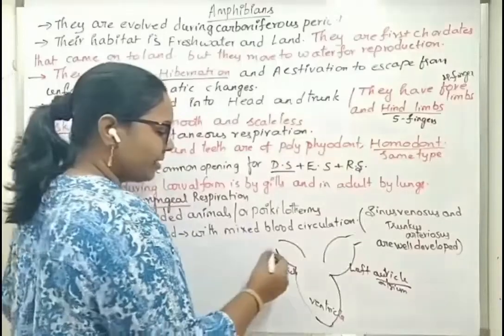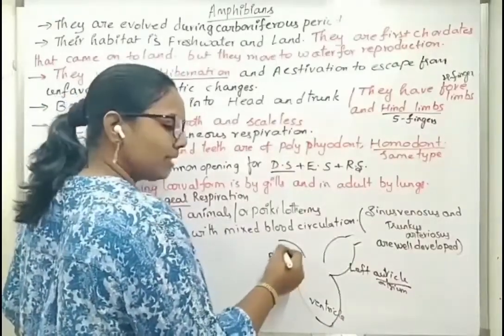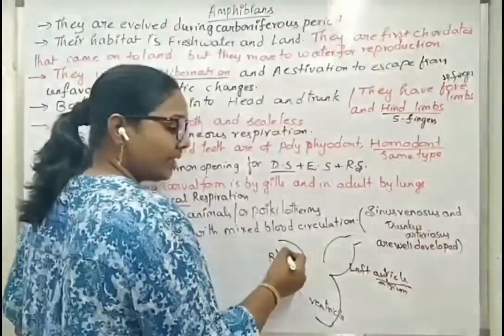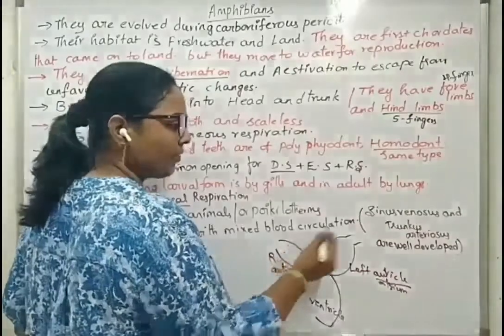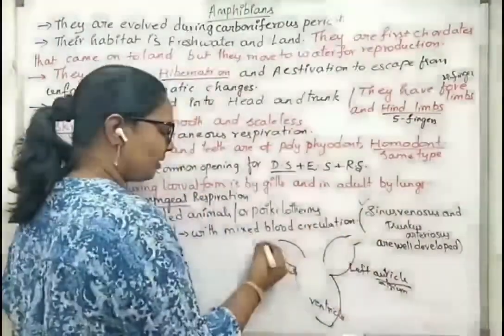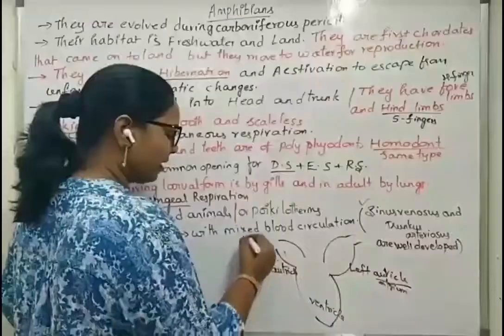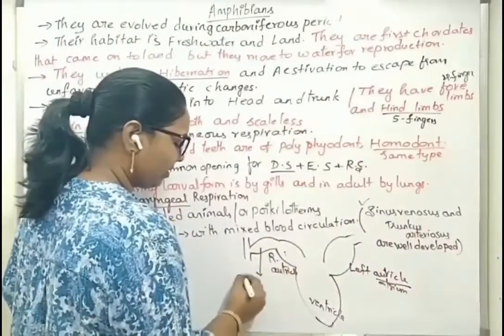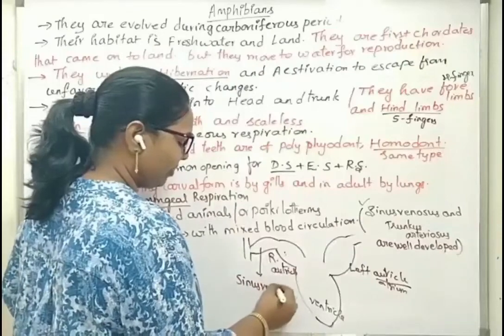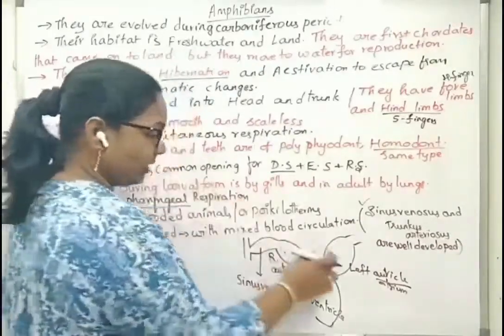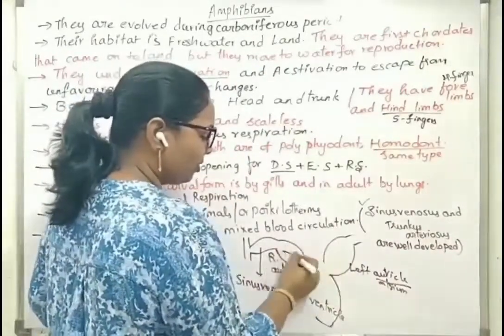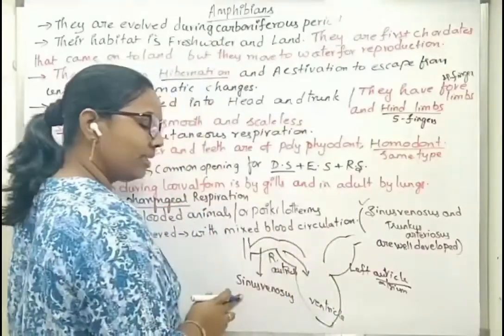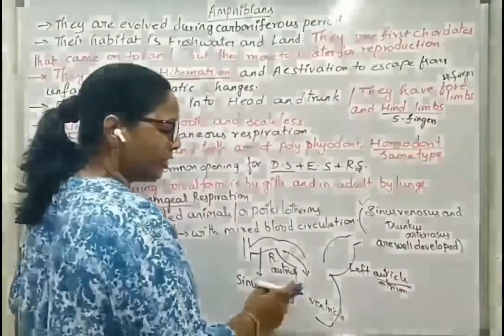from the body organs, the right auricle receives deoxygenated blood through a structure called sinus venosus that I have written here. This is the left auricle. So through this sinus venosus, deoxygenated blood is pumped into the ventricle.